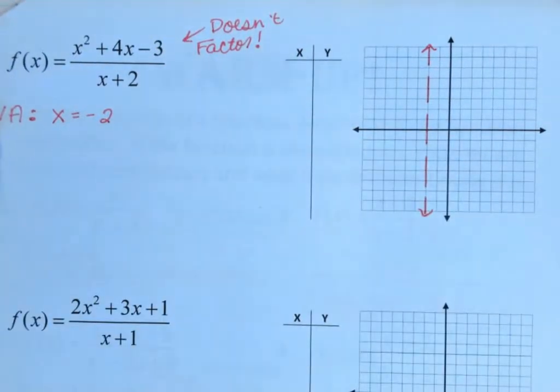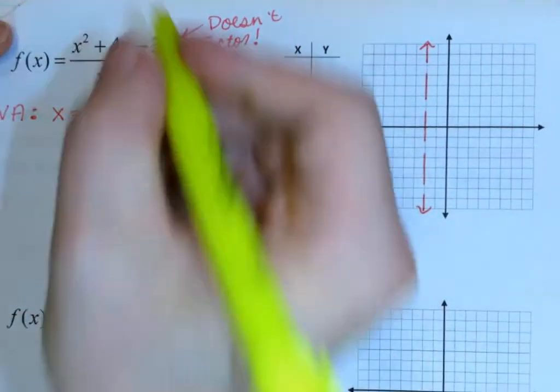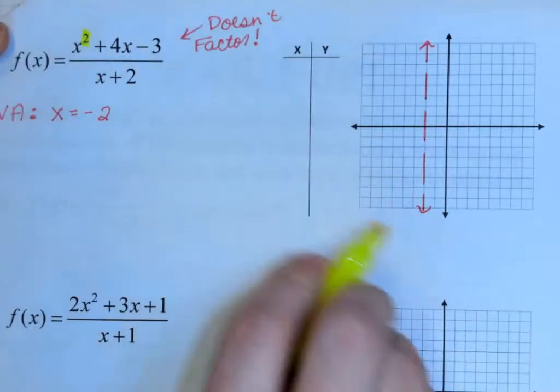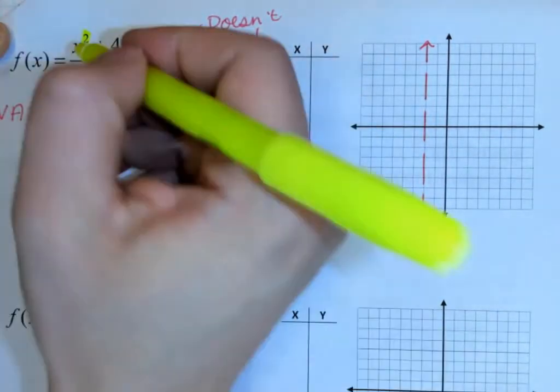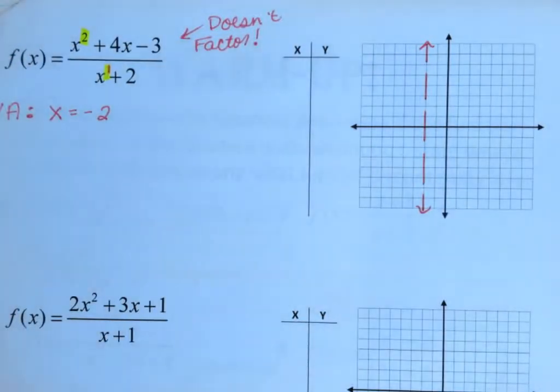All right, what's the degree of the top? What's the degree of the bottom? Uh-oh. What do I have? A slant asymptote. Do not freak out.